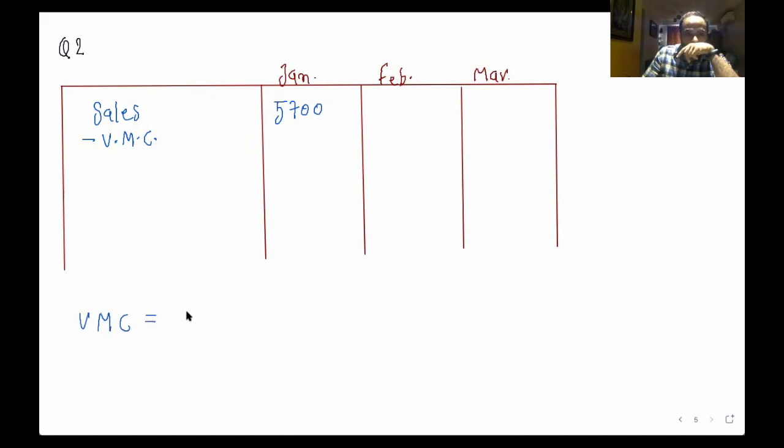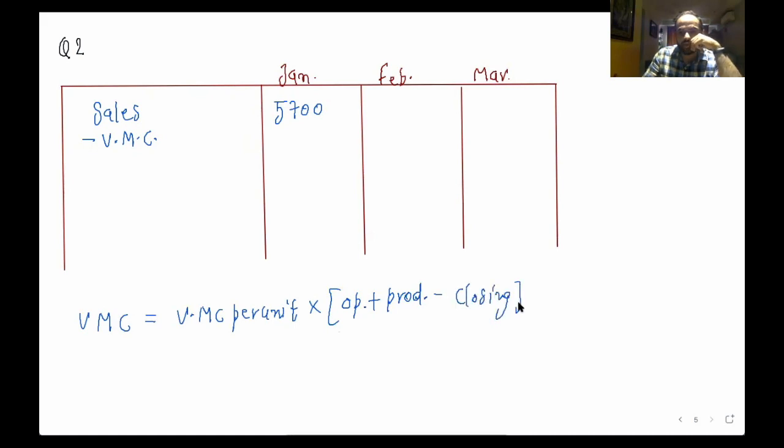For variable manufacturing cost, we need variable manufacturing cost per unit multiplied by opening plus production minus closing. Right.